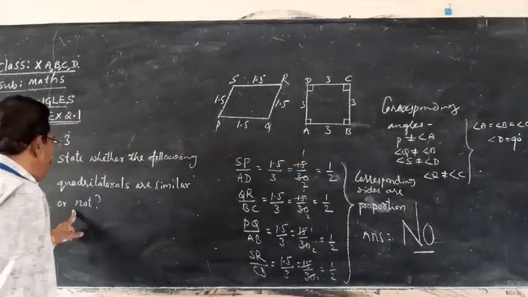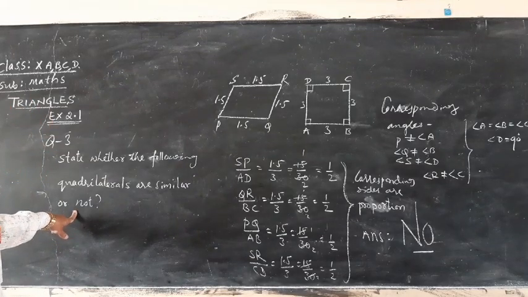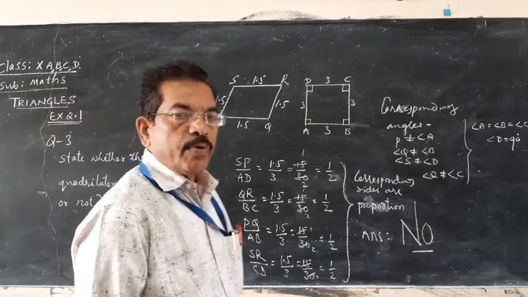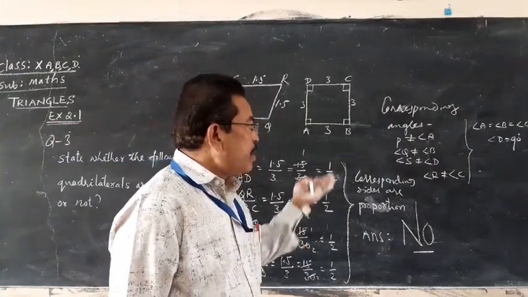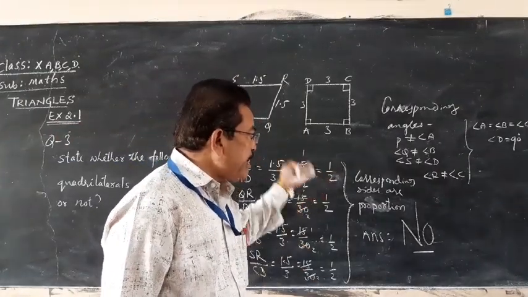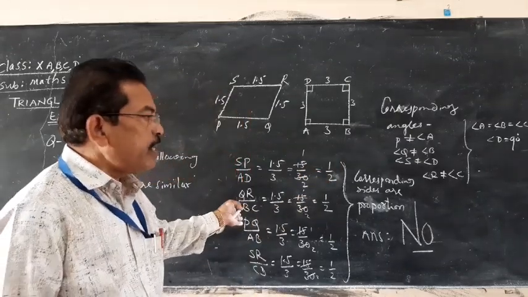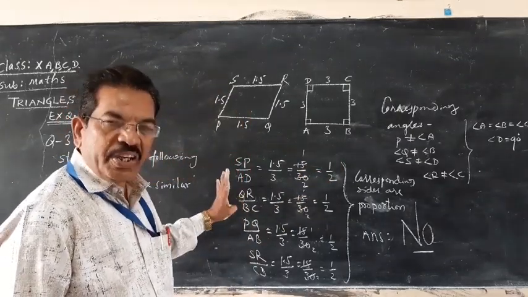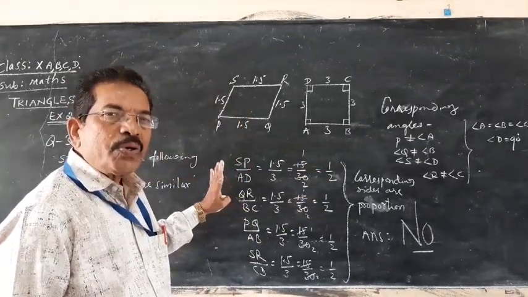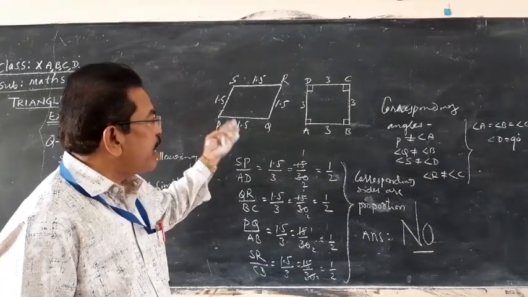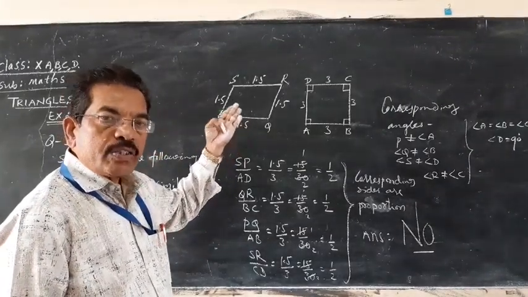Are the quadrilaterals similar or not? No, is the ultimate answer for this diagram. Okay, draw the diagram and just write below the diagram. It is not necessary to mention in all this detail whether they are similar or not.